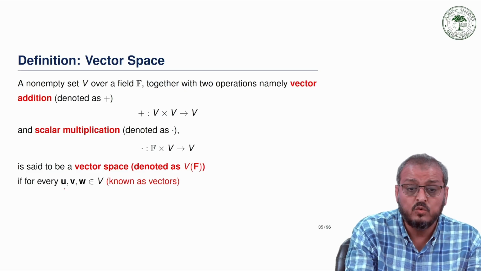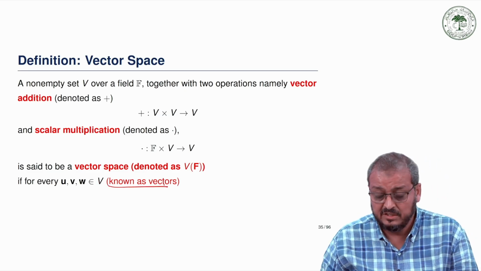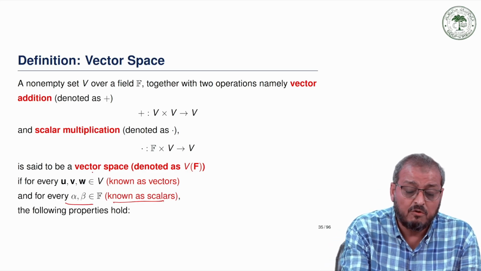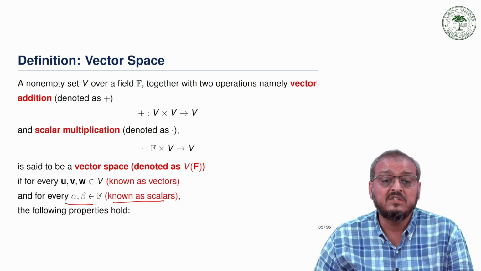For every u, v, w in V, known as the vectors, and alpha, beta the scalars, which are elements of the field, certain properties are satisfied. The first thing is that V should be closed under addition.